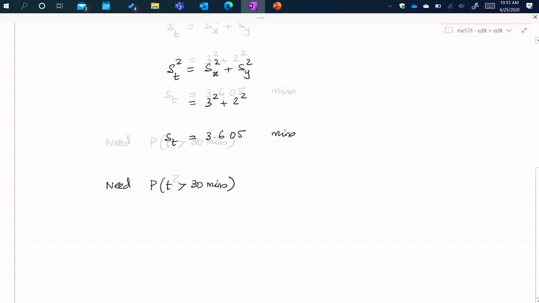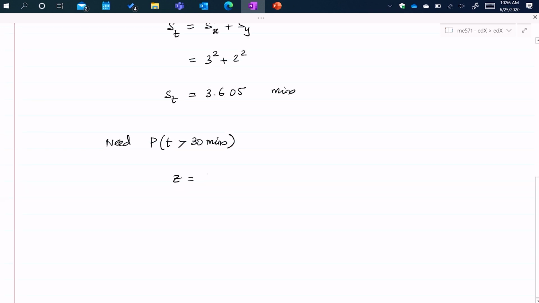So now we will use the standard normal variable. The standard normal variable corresponding to 30 minutes is 30 minus 22 divided by 3.605. That's 2.219. Okay, that's my z value corresponding to 30 minutes.